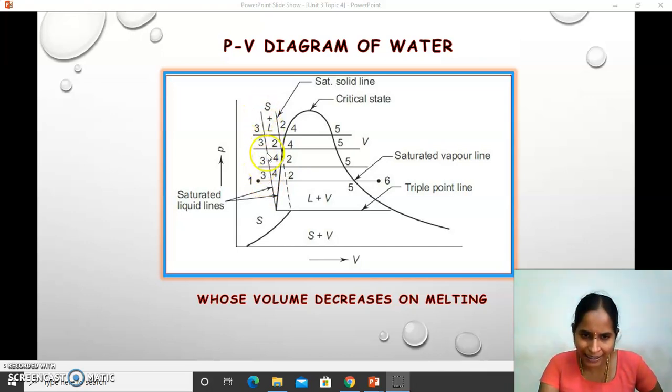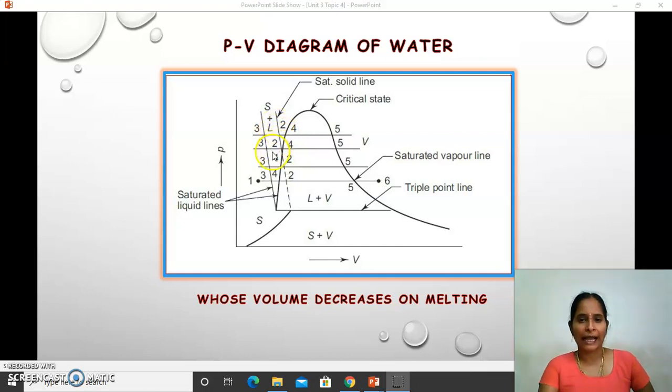So this is one saturated liquid line, and this is another saturated liquid line. Both the 4 and 3 lines can be taken as saturated liquid lines. The line joining all the state 3 points is called the saturated liquid line with respect to solidification. Here the saturated liquid line 4 is the saturated liquid line with respect to vaporization.